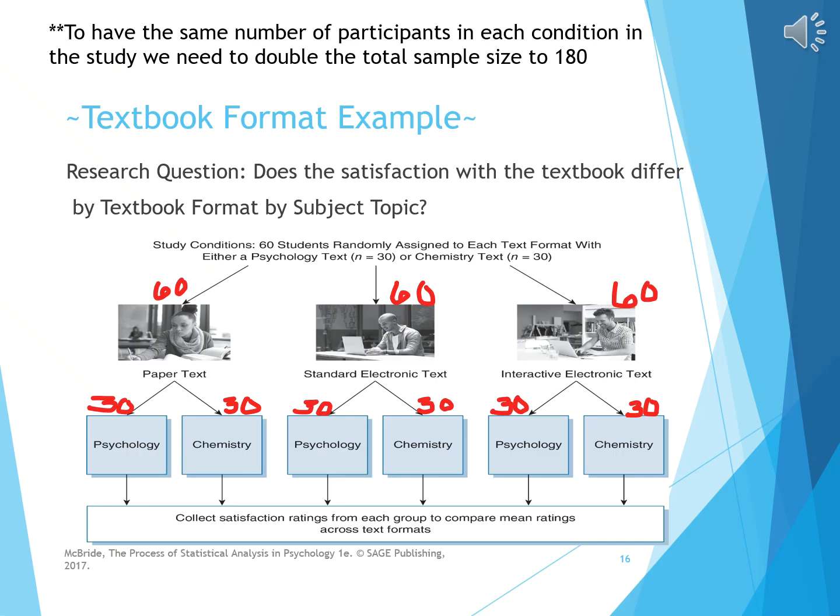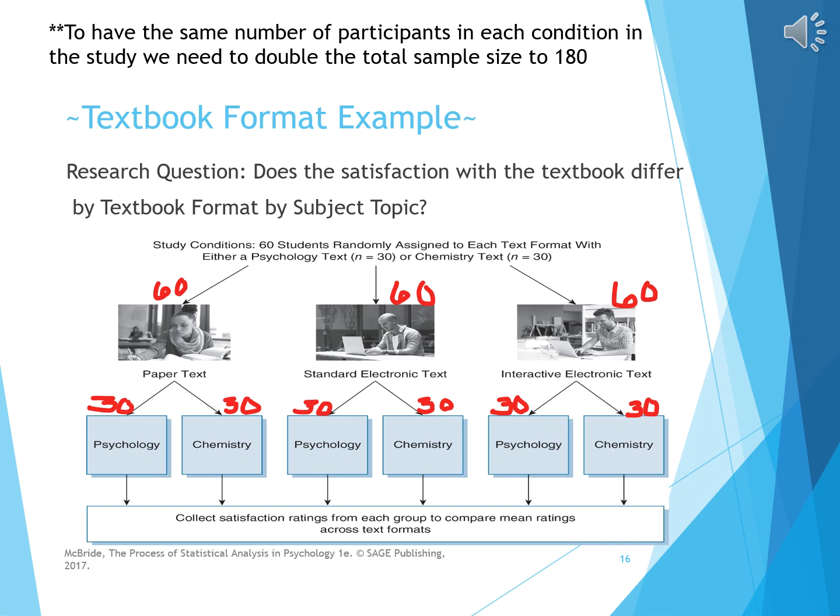I wanted to talk about this a little bit. Your book makes a big deal about how many more subjects or participants we need for a two-way ANOVA kind of design, and that's absolutely true. When you're thinking about factors in a two-way ANOVA and study design in general, you have to ask yourself, are these between subjects factors or within subjects factors?